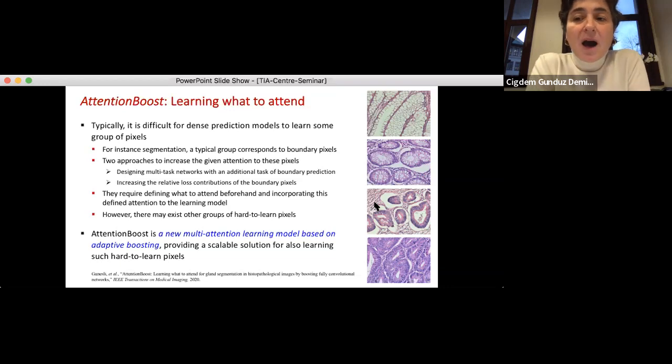So our proposed model provides a scalable solution for also learning such hard-to-learn pixels. So we don't need to specify what to attend beforehand, but our model will learn what to attend during the training step.